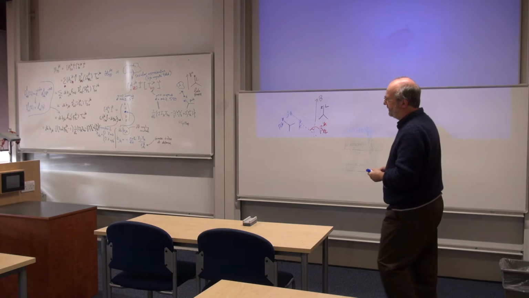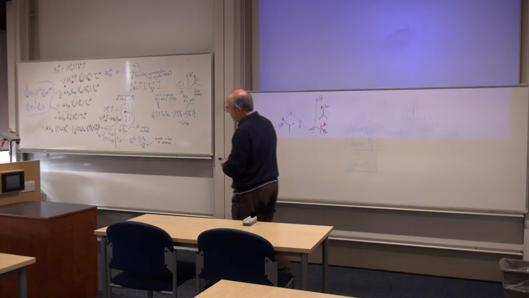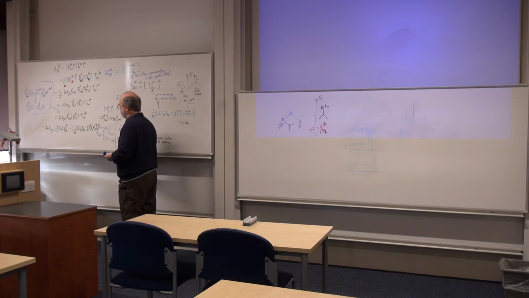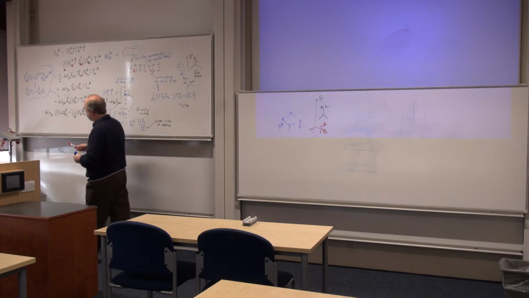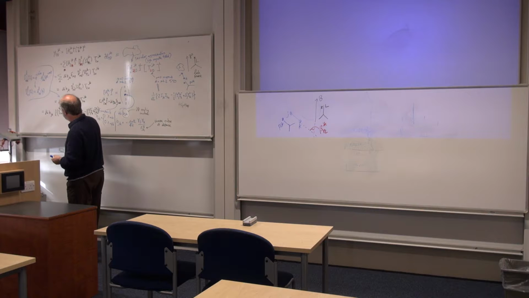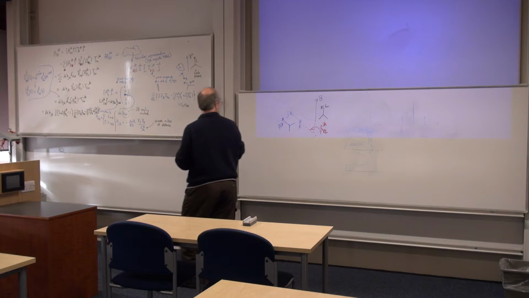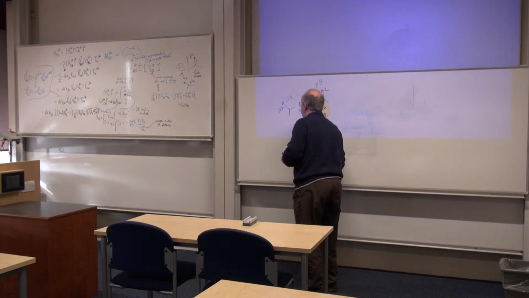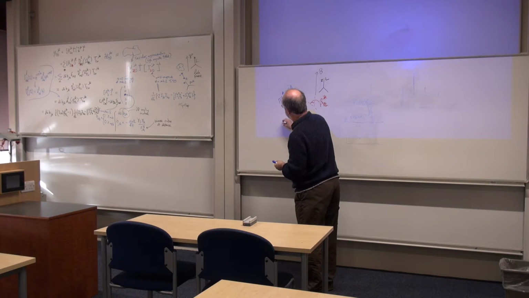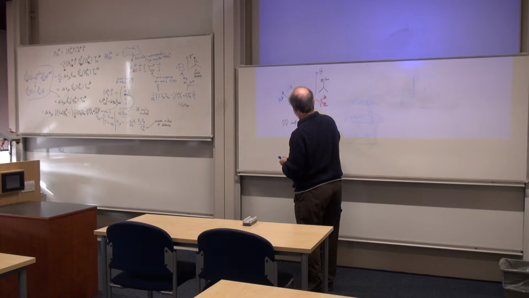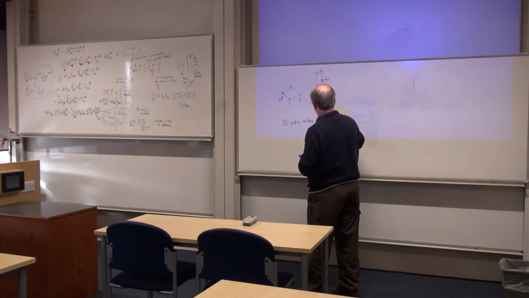What the equation says is that since the Hamiltonian for the dipole-dipole coupling depends on this function 3 cos squared beta minus 1, that vanishes when there's the magic angle. So the dipole-dipole coupling vanishes when beta PLJK is the magic angle.